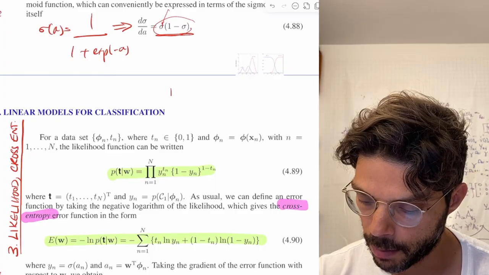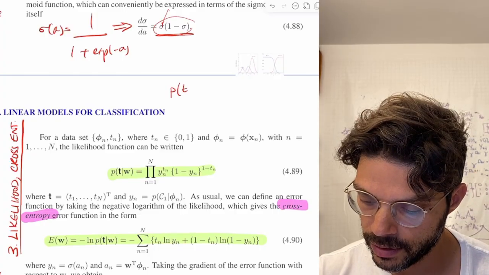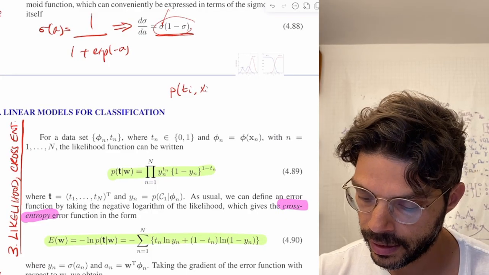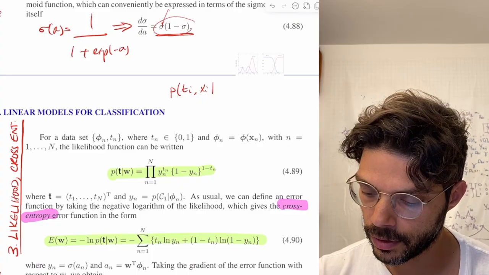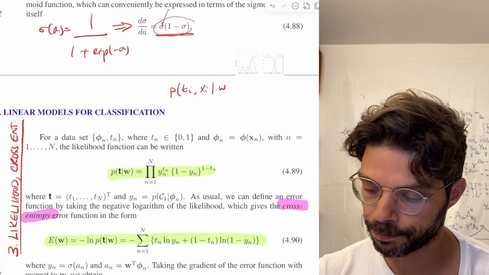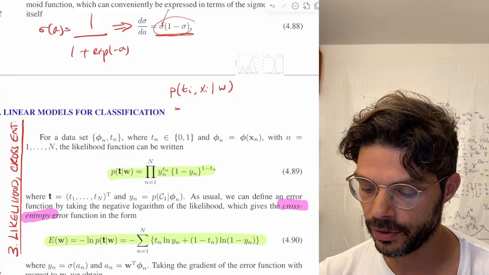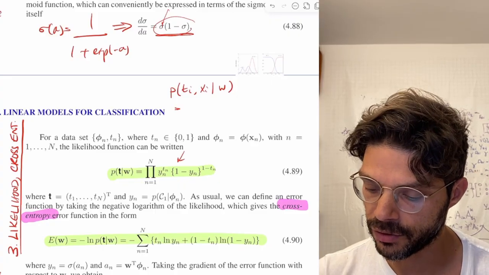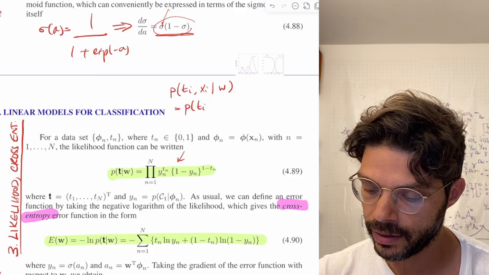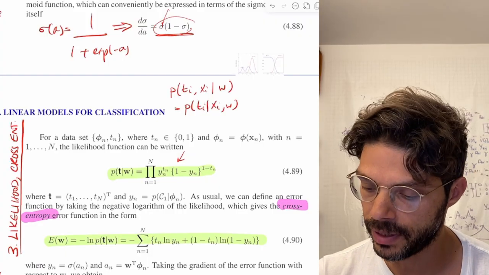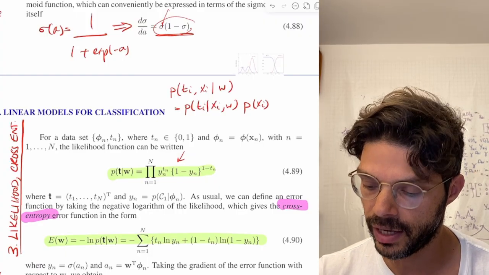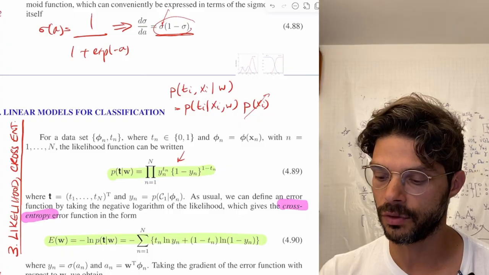We've got the probability of t_i given x_i, class 1, and the weights. That's going to be the probability of t_i given the features, times the probability of x_i. These are all going to be the same, so we can just ignore them.